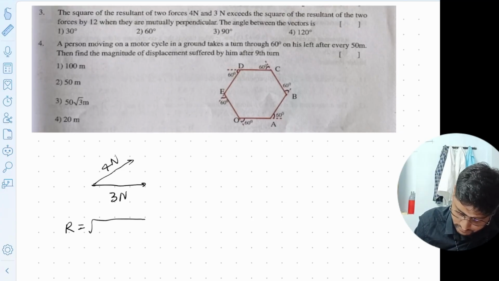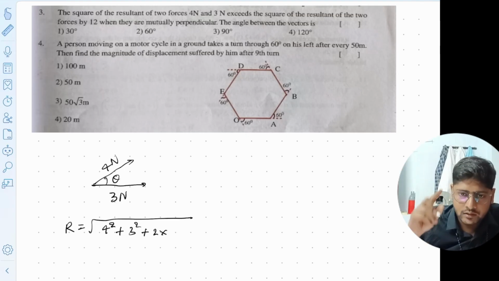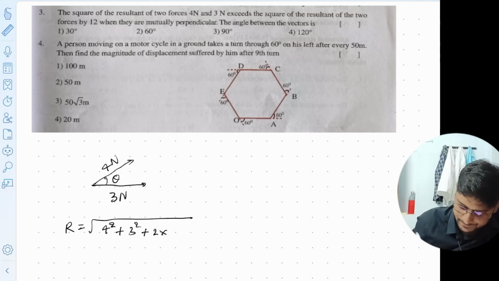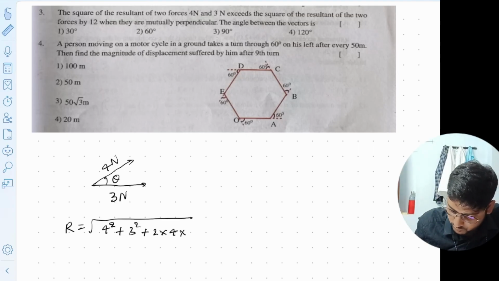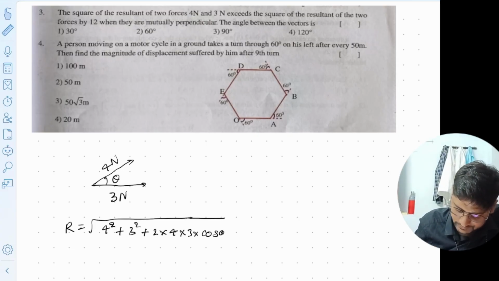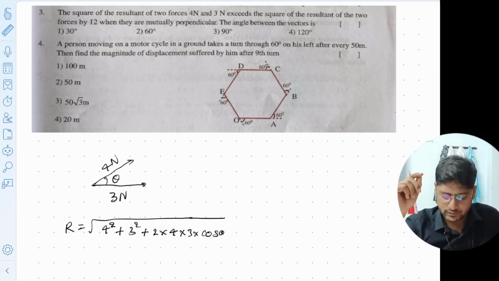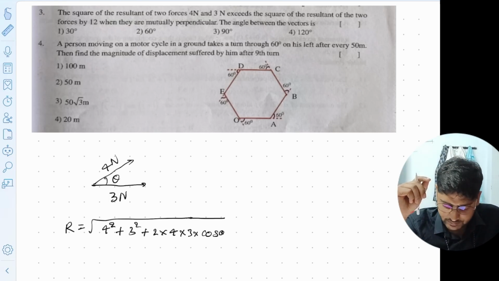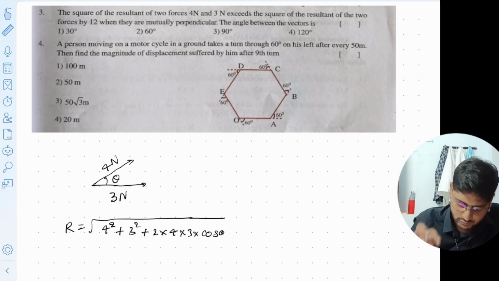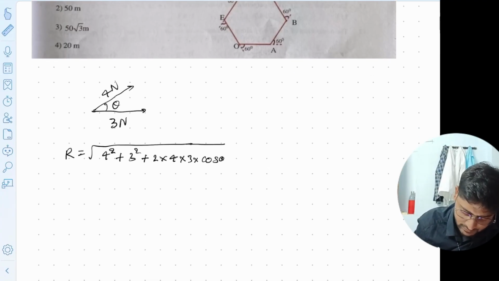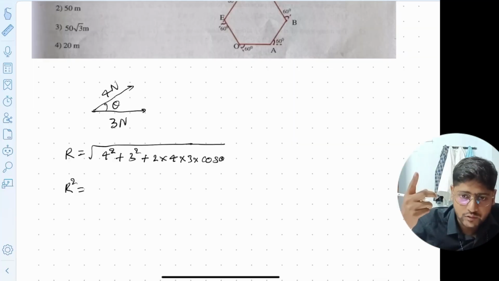Suppose this angle is theta, so the resultant will be 4 square plus 3 square plus 2ab cos theta, that is 2 into 4 into 3 into cos theta. 4 square plus 3 square equals 16 plus 9 equals 25.